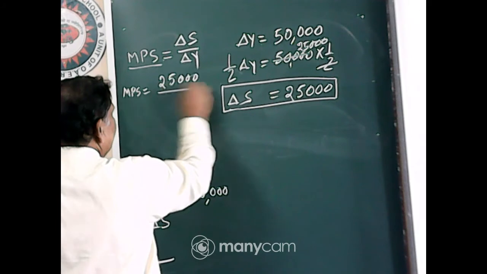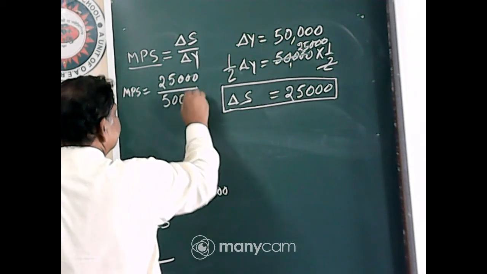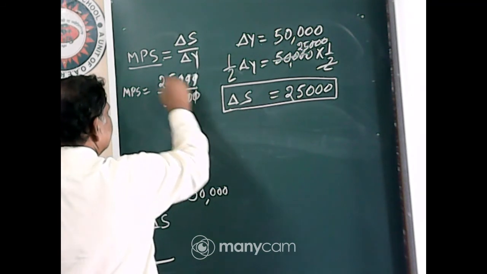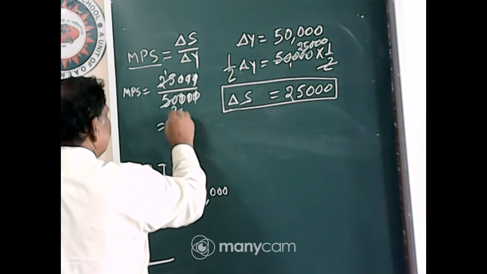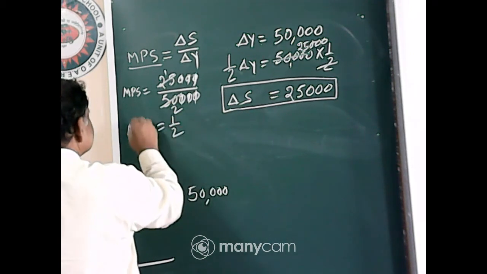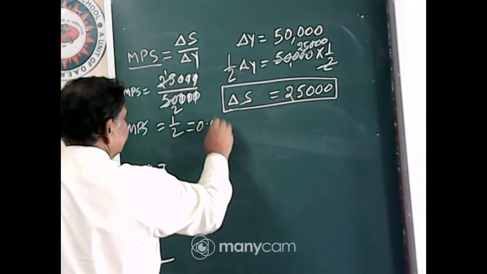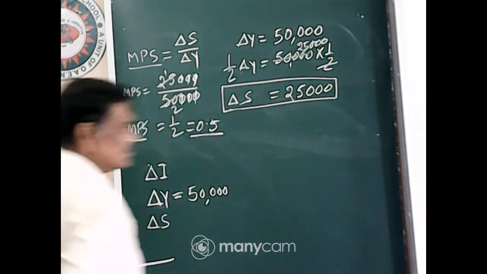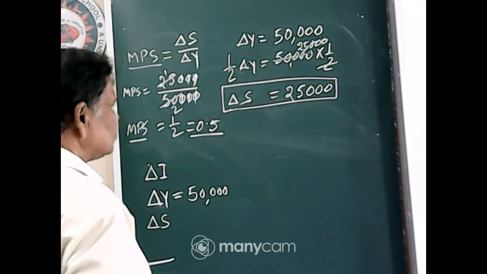And delta Y is 50,000. 25 by 50 is equal to 1 by 2, that is MPS is equal to 1 by 2 is equal to 0.5. So the value of MPS is 0.5.